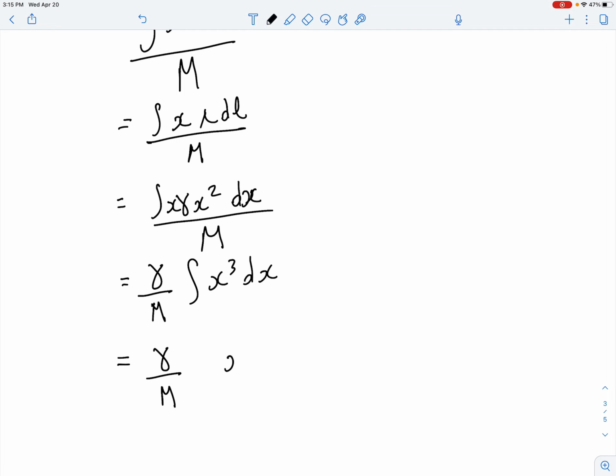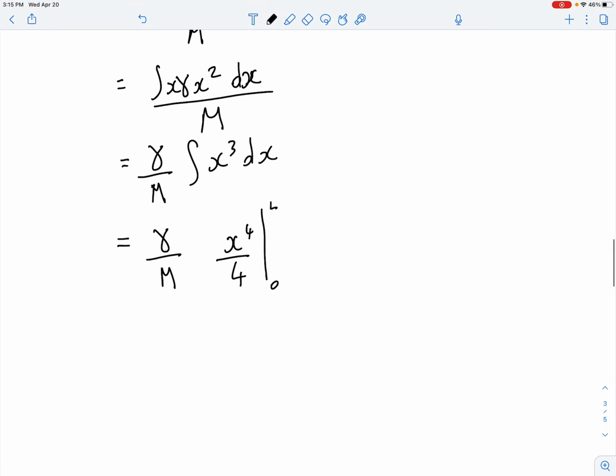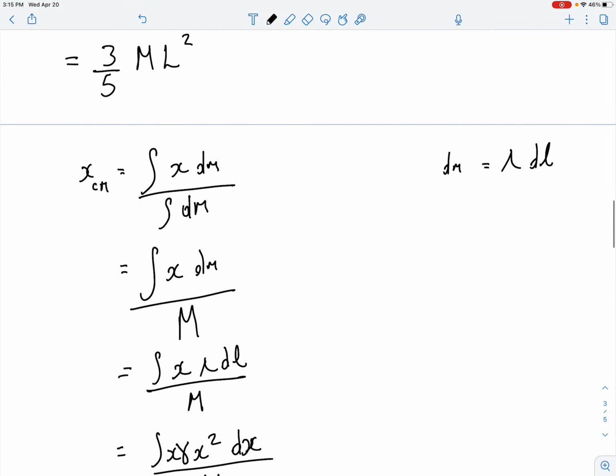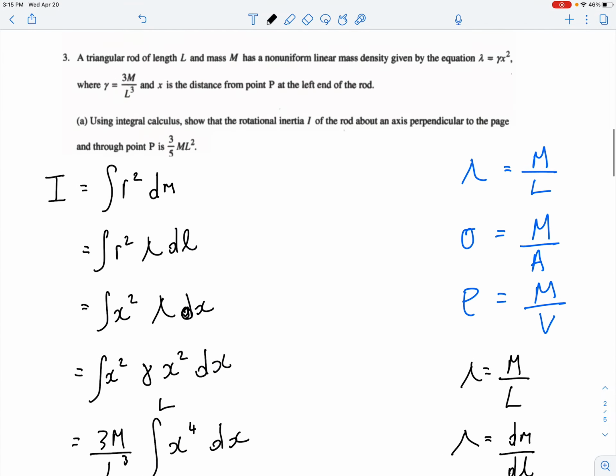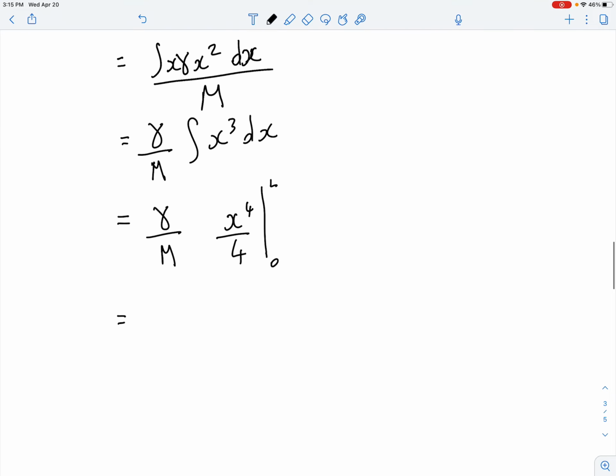You're going to have x to the 4th over 4 from 0 to L. I think it's from 0 to L. Same scenario. Sorry for going back, I forgot what gamma was: gamma was 3m over L cubed.